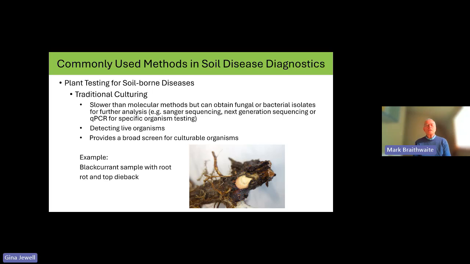And the other advantage is that it does detect live organisms, so it's not detecting anything that's dead, which some of these other methods do. So it's providing real life scenario situations.